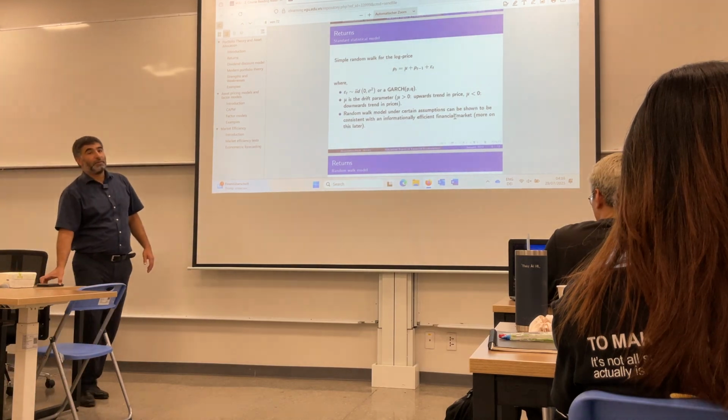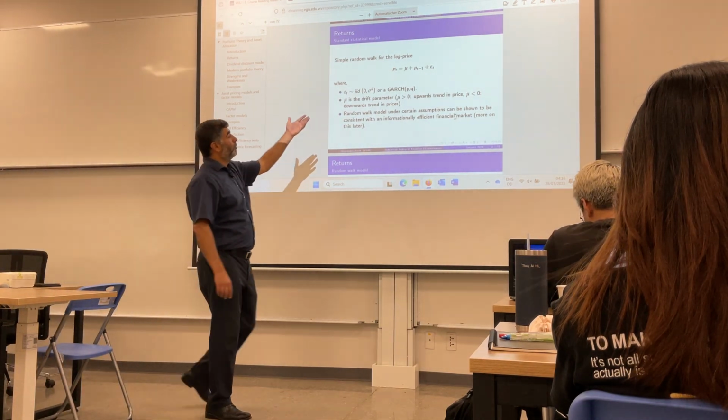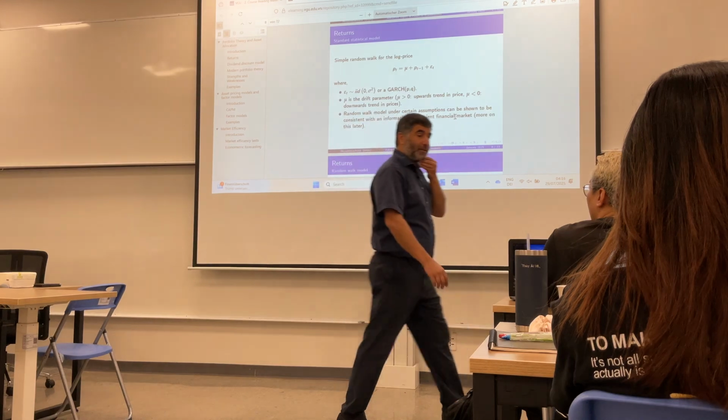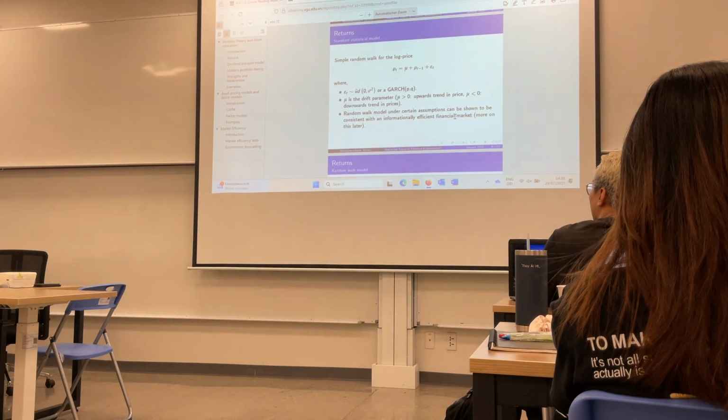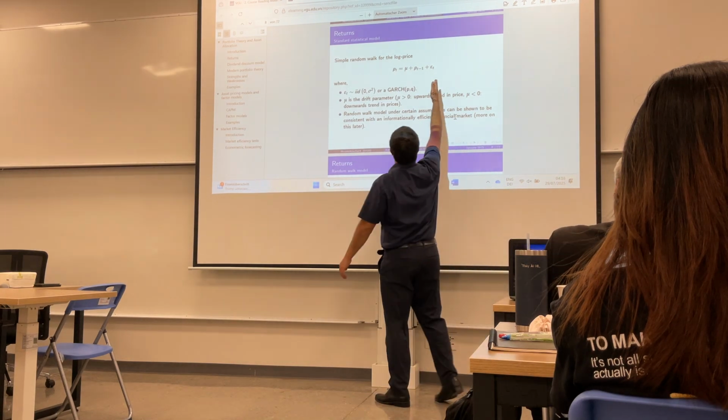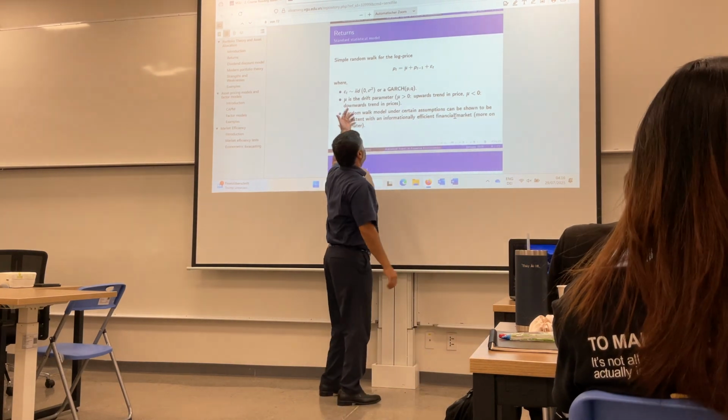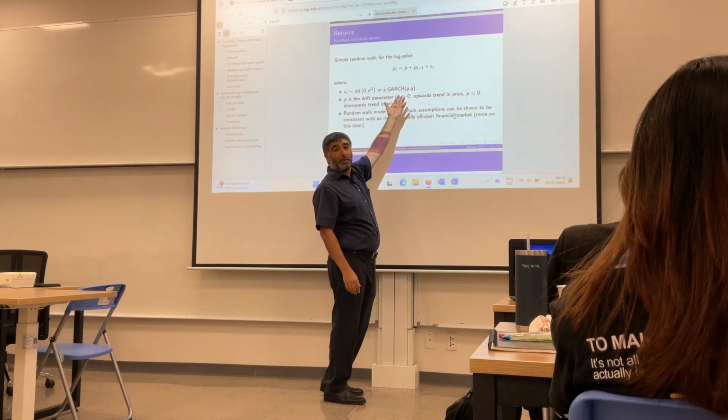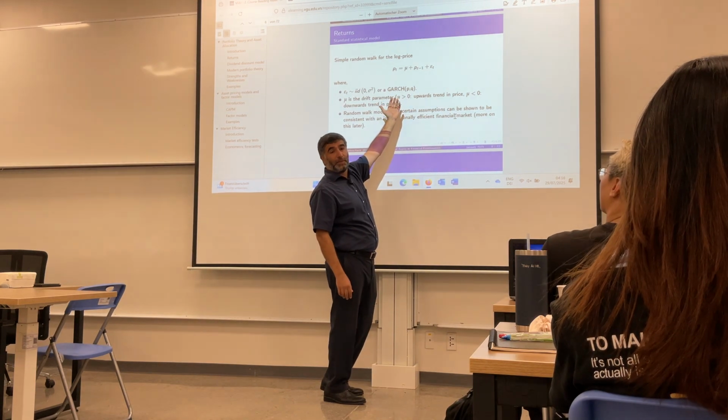But of course, we also have a general model for log prices. One says that the log prices follow a random walk. The shocks may be a martingale difference series, which allows us to embed a GARCH model in there.